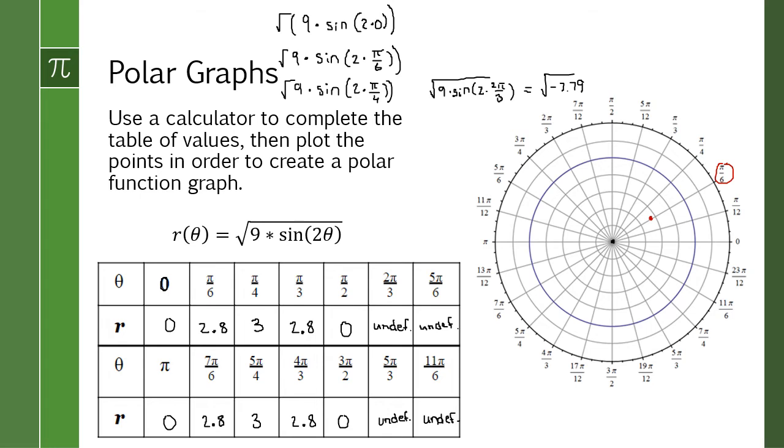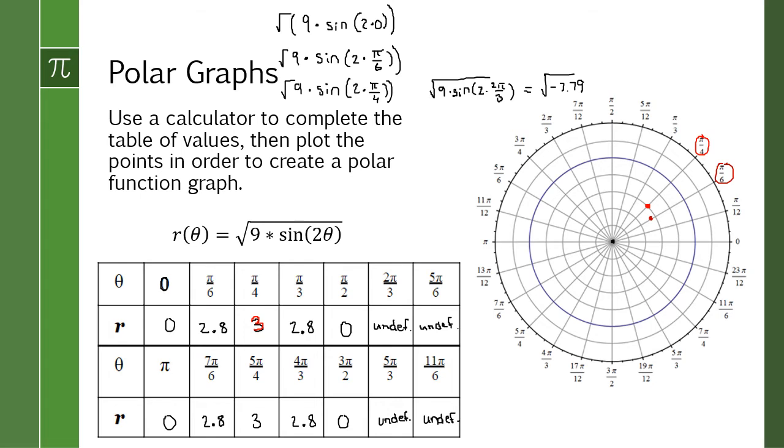After that, I have pi over 4. And there my radius is exactly 3 units. So I'm going to go 1, 2, 3, stop right on the tick mark. And then pi over 3, radius 2.8.